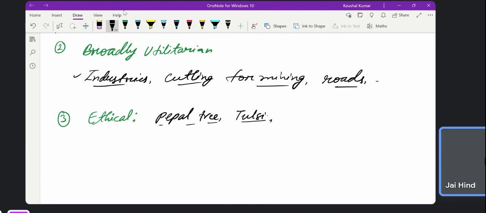So many trees are there which we pray to. Not only trees, animals also we pray to. We are praying to nature. By this manner we are protecting the nature also. So, praying to nature.